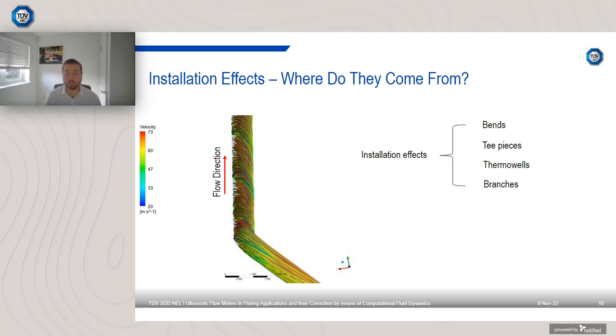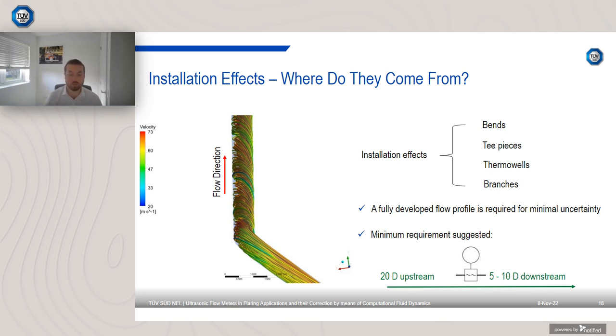And to get minimum uncertainty in your meter readings, you require a fully developed flow profile. And manufacturers recommend that you install these flow meters, ultrasonic flow meters in particular, with 20 diameters of undisturbed upstream flow and 5 to 10 diameters of undisturbed downstream flow.